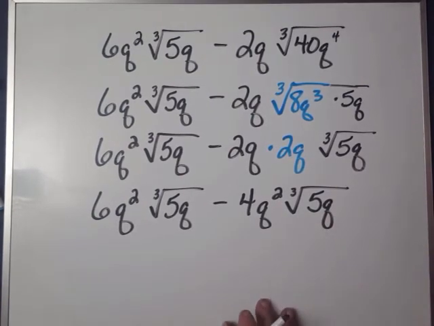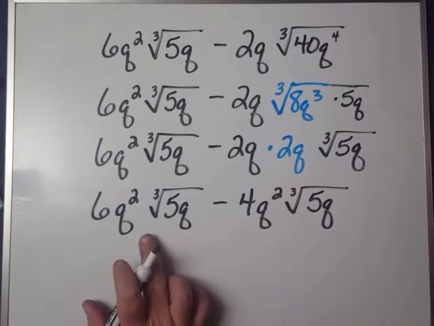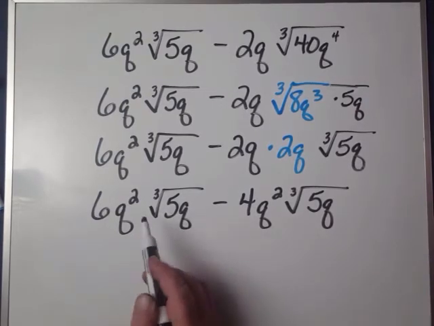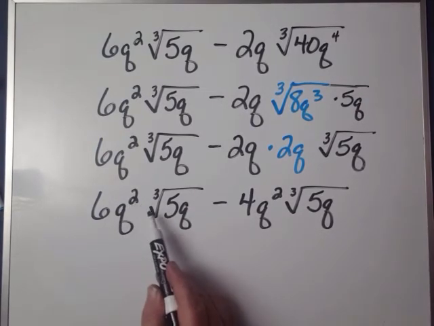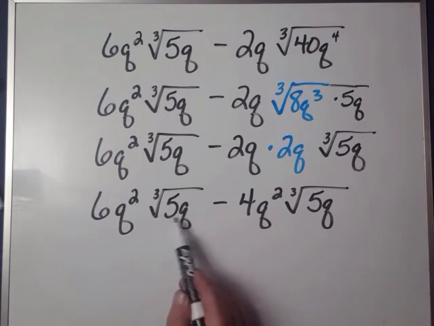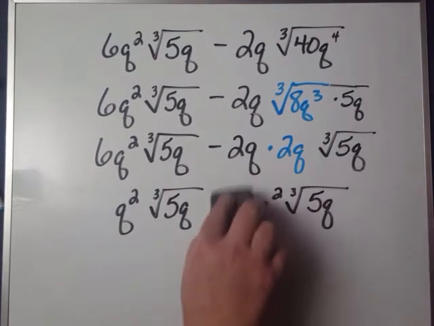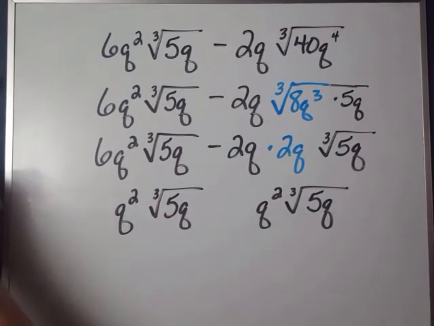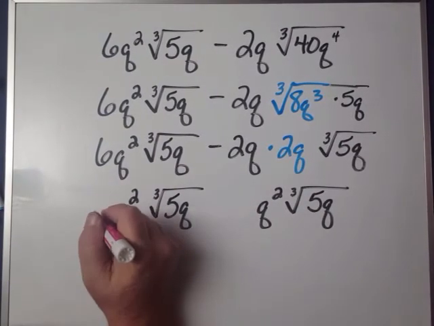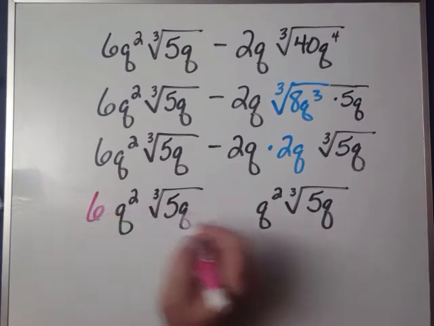And these are like terms. These are like terms in q squared cube roots of 5q. In other words, the only difference here is in these numeric coefficients.